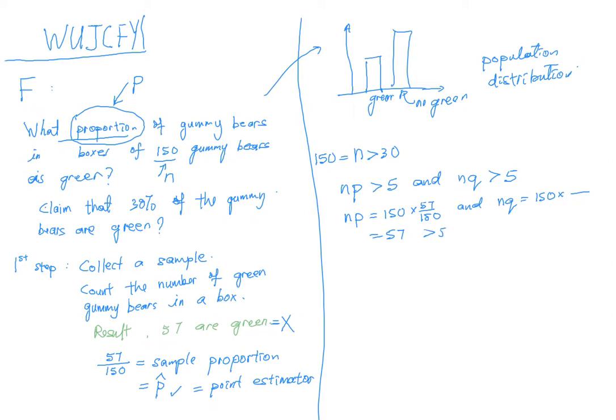So the number of not green is 150 minus 57, which is 93. So this is another criteria; make sure it is true. If the n is not greater than 30, then you have to check for this. So that means my sampling distribution is normally distributed.